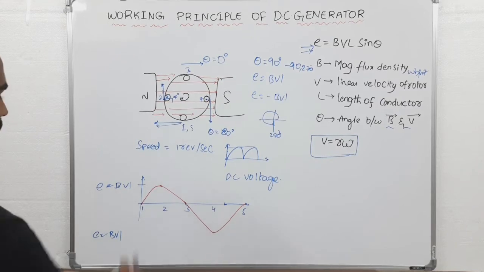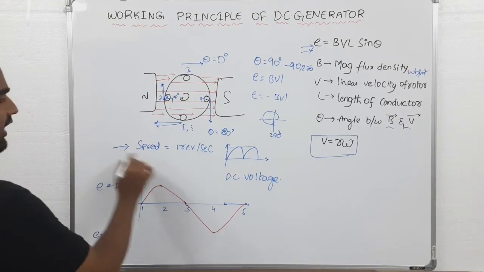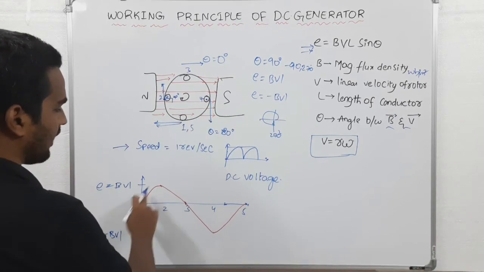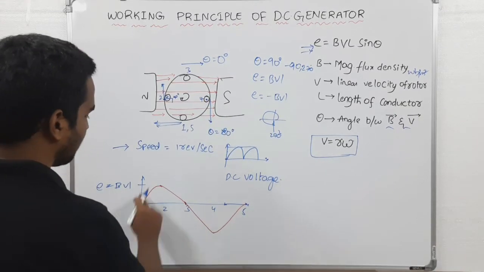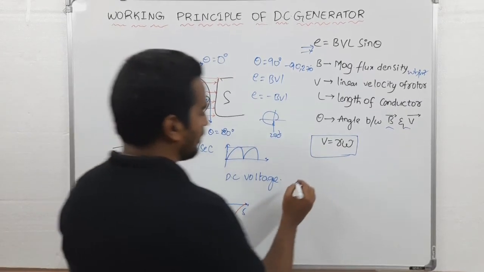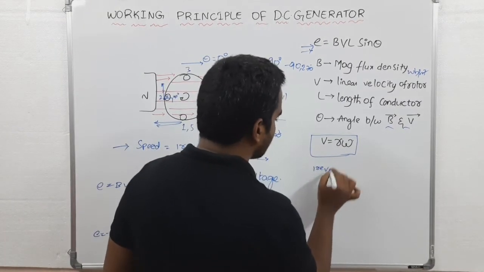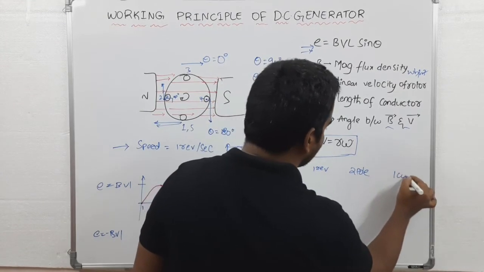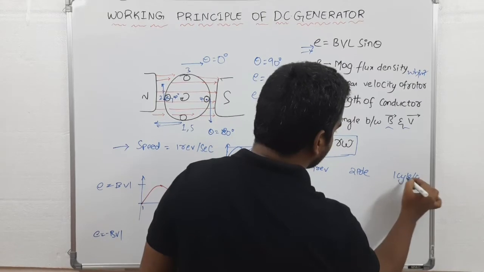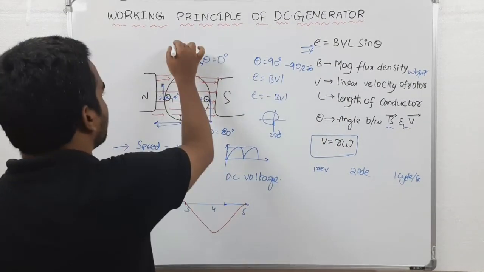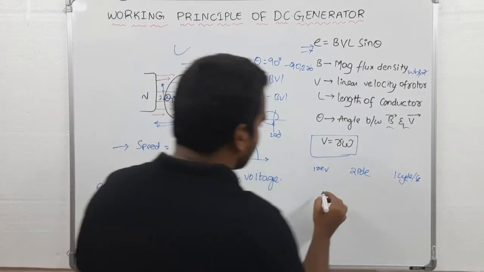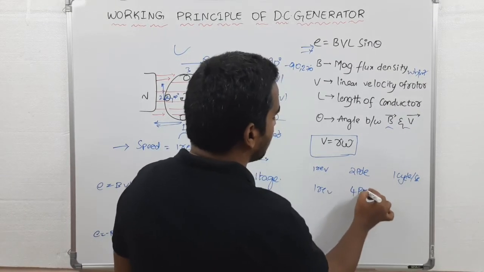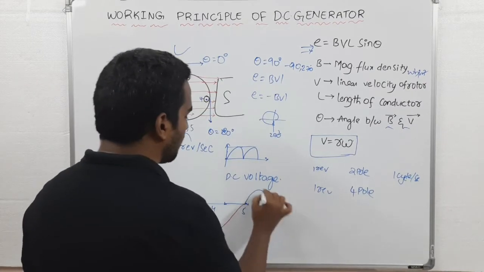Okay, now for 1 revolution per second there are 2 poles and 1 complete cycle. 1 revolution, 2 poles, 1 cycle per second. If there are 4 poles, 1 revolution per second, there will be 1 more cycle.